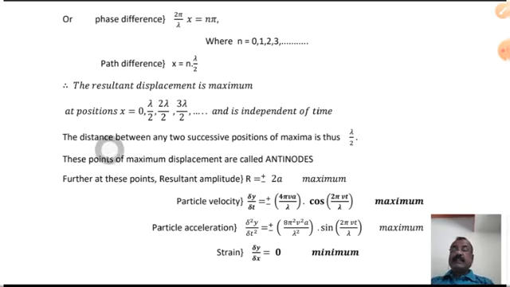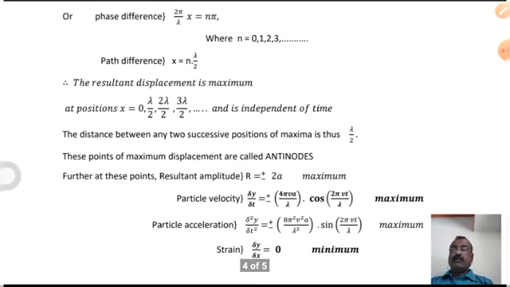That is, the distance between any two consecutive antinodes is lambda by 2. These points of maximum displacement are called antinodes.